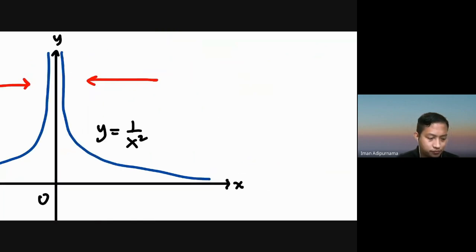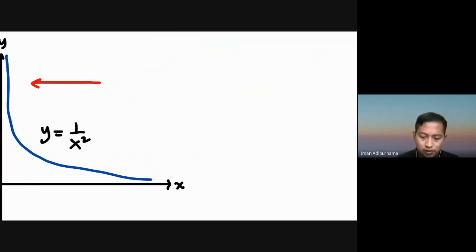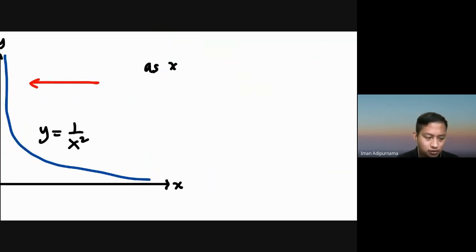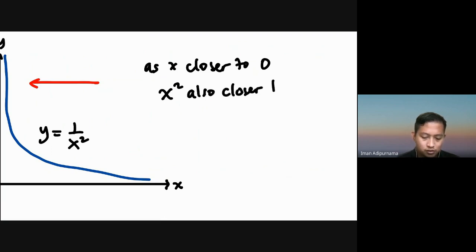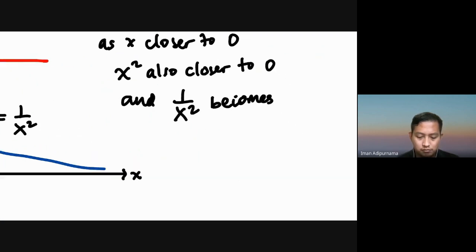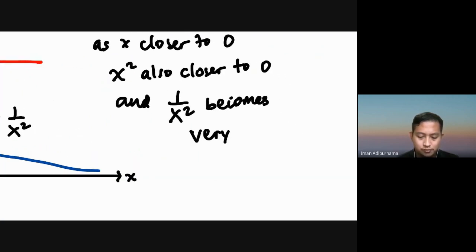We can write here as x closer to 0, x squared also closer to 0, and 1 over x squared becomes very large.